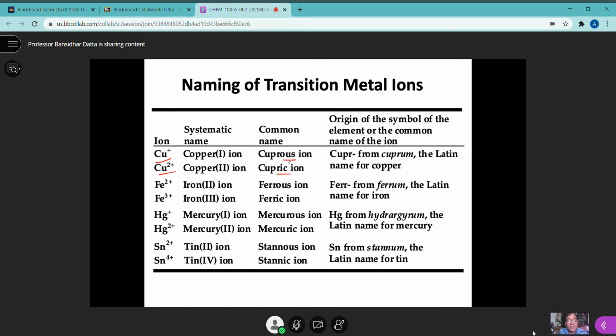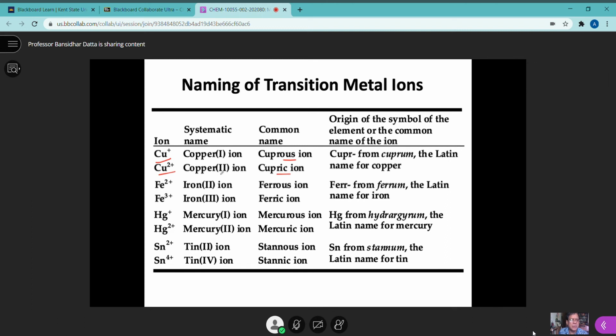So lower valence, like 1 plus, is -ous, and higher valence, 2 plus, is -ic: cuprous is lower valent, cupric is higher valent. This is a very common name, not routinely used, but common. Copper(I), copper(II) indicates how many charges there are.